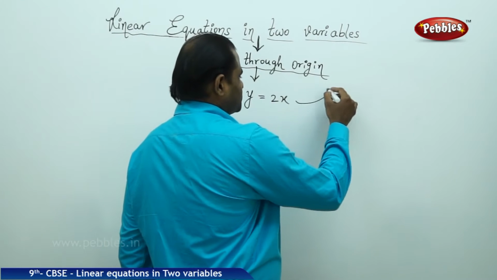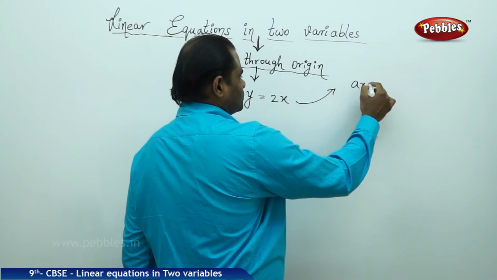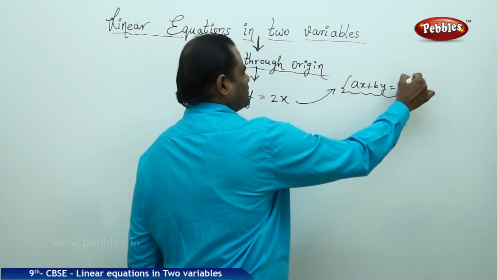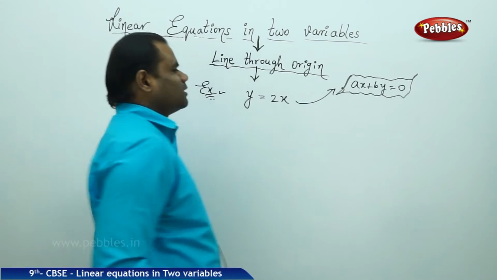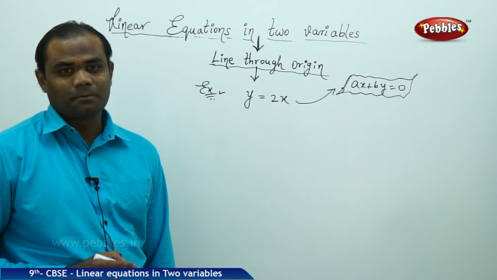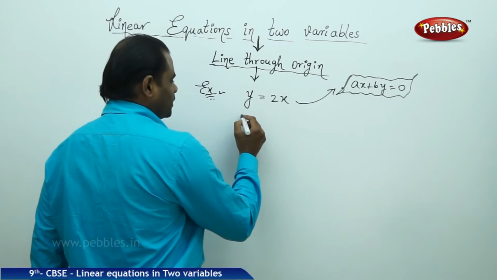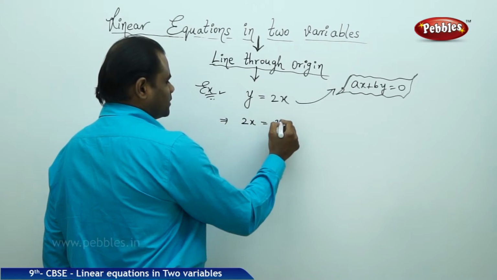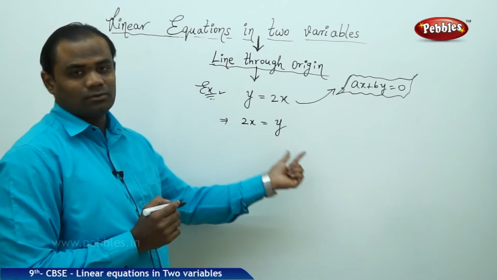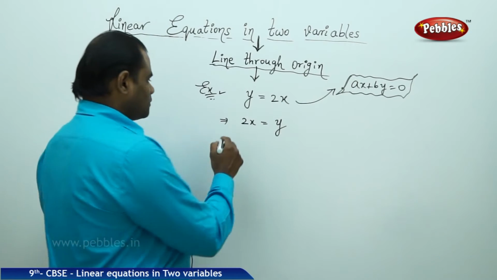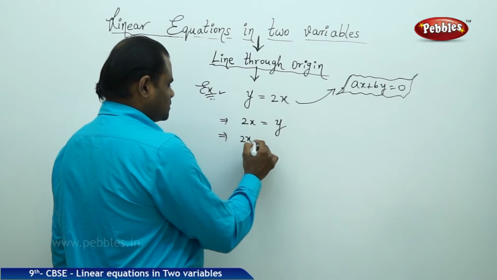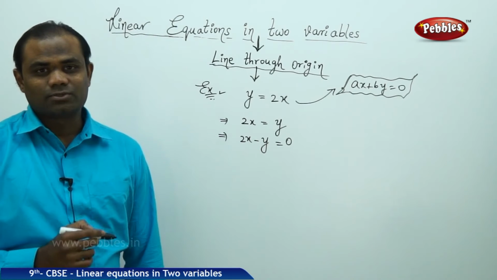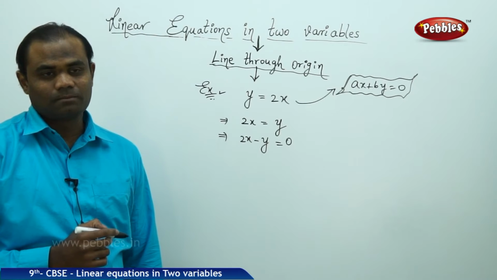A line passing through origin must have the condition ax plus by equals 0. Therefore, y equals 2x implies this can be written as 2x equals y, and therefore this y when brought to the left is written as 2x minus y equal to 0.